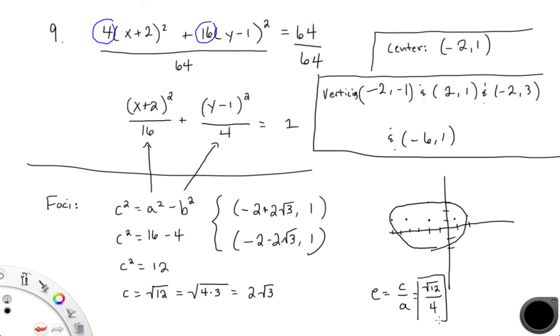So I think this is going to be the eccentricity here. I got the 4 from here. A squared is 16, which means A is 4.